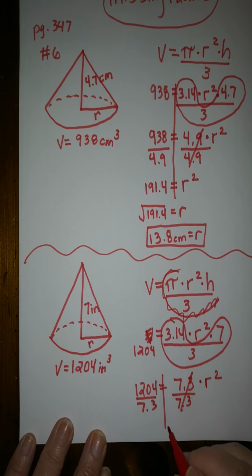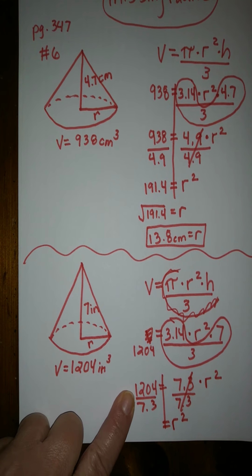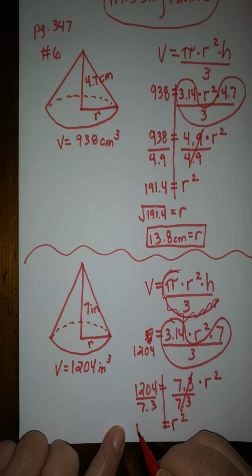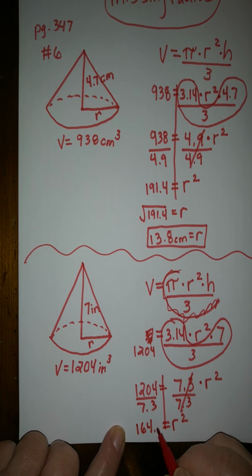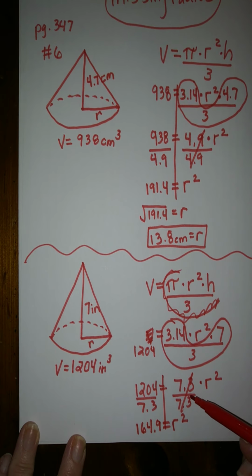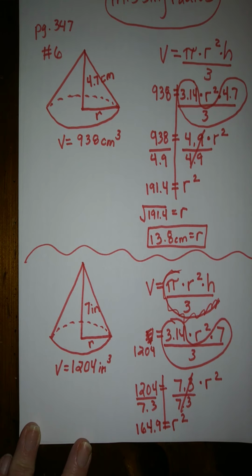These cancel out, so r squared is by itself. And over here, 1,204 divided by 7.3 is about 164.9. Now remember, these are decimals that are rounding. So if you rounded a little bit different, or if you rounded here, or maybe you waited till here, either one, as long as you're close, you're okay.